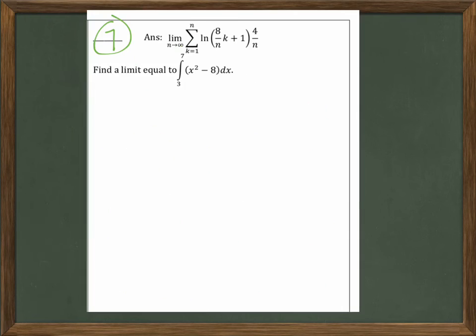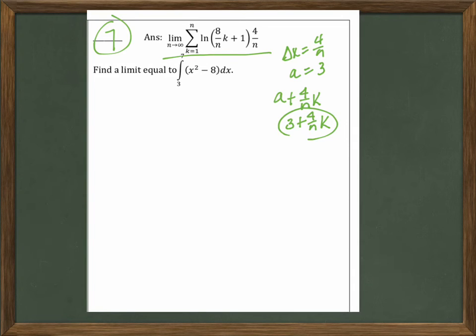One more I think we can fit in here, number 7. So we want a limit again. All right, so delta x is going to be 4 over n. A is 3. So my inside term will be a plus 4 over nk, or 3 plus 4 over nk. This is what gets put into the x.